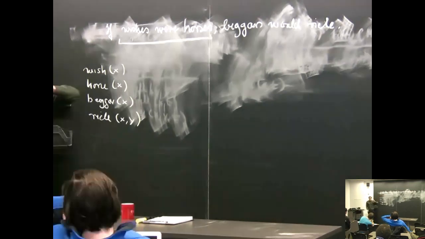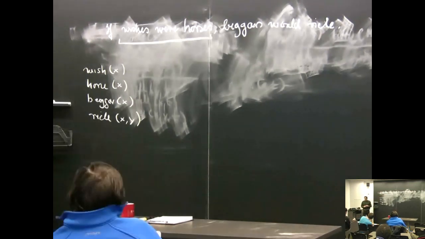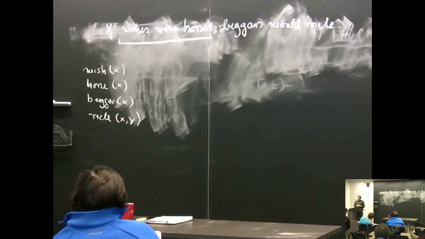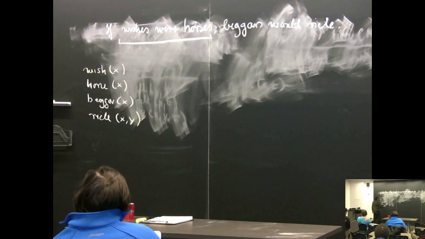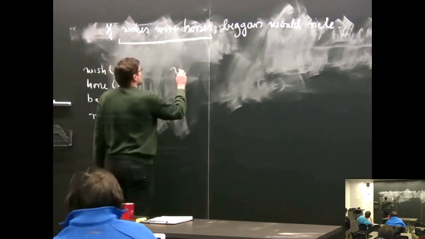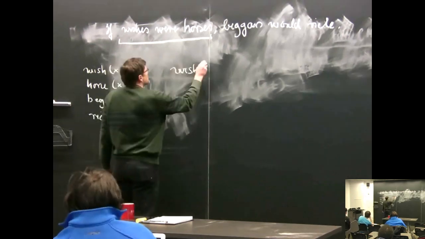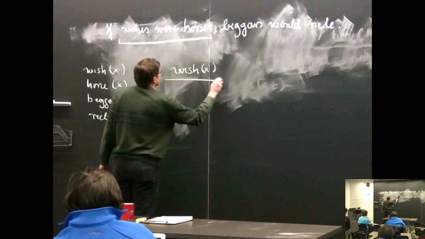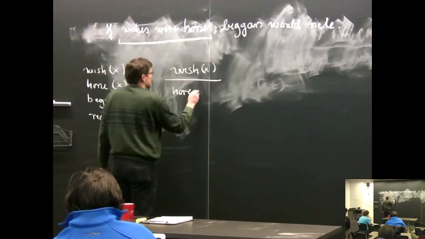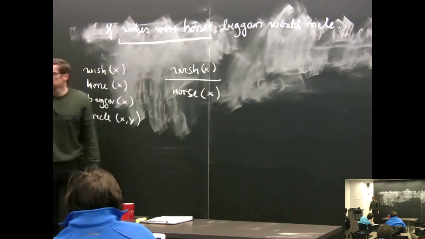Okay, so wishes were horses. How would we say that? It would be wish of X, horse of X. Now, a wish seems to me a fairly ephemeral thing.